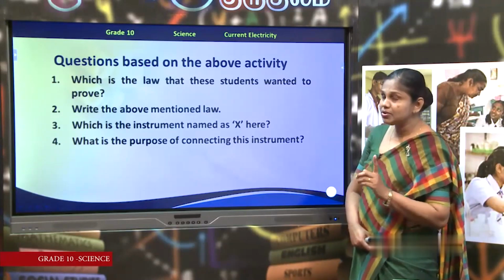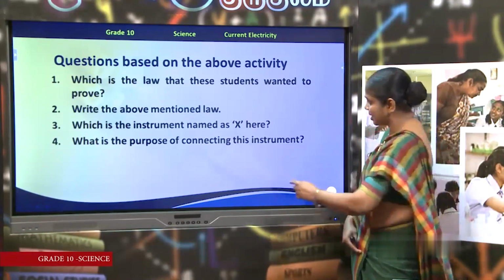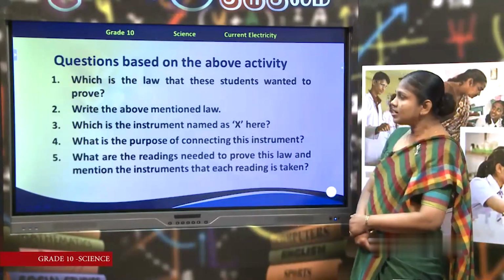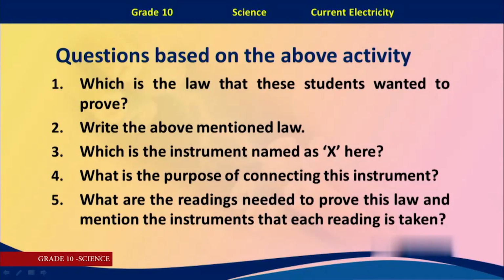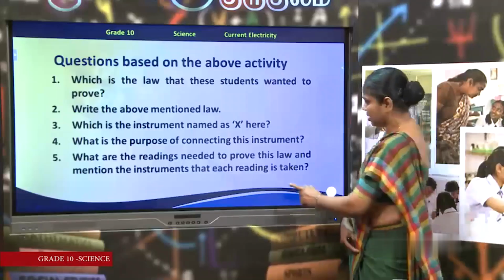Next, what are the readings needed to prove this law, and mention the instruments with which each reading is taken. The two readings we recorded are potential difference and current flow. Potential difference is measured by the voltmeter and the current flow is measured by the ammeter.